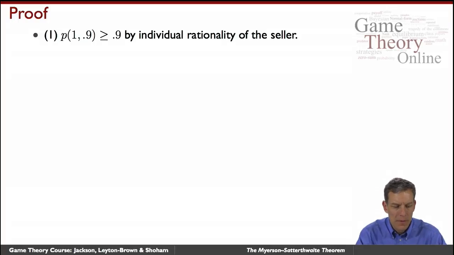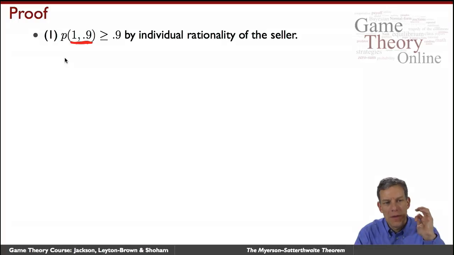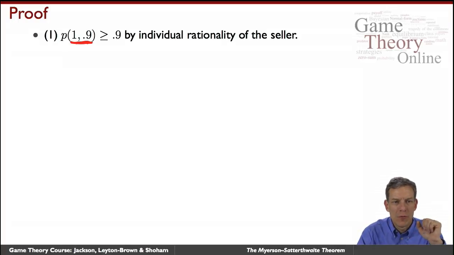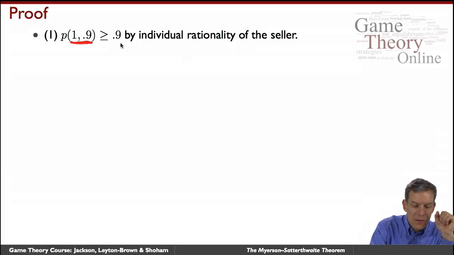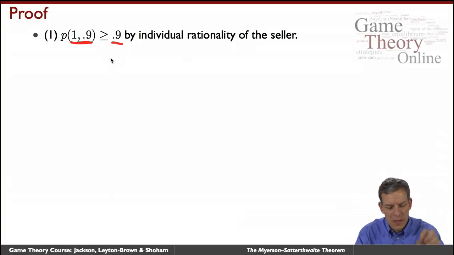Okay, so first thing, what has to be true in a situation where the values are 1 and 0.9, so the seller has a value of 0.9, buyer has a value of 1. By the individual rationality of the seller, and here we're using ex post individual rationality in this part of the proof, it's 0.9.